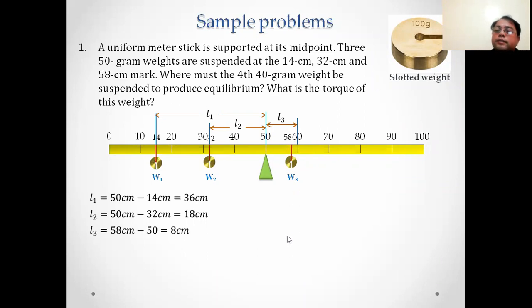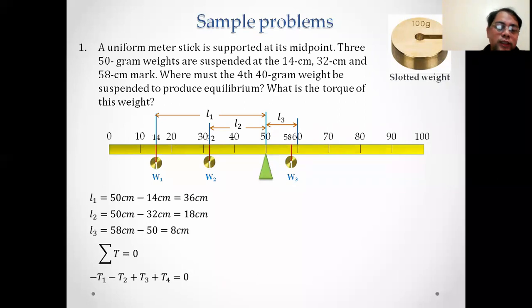So using these moment arms or lever arms, we will find the torques that are created. T1 and T2, the torques due to weight 1 and weight 2, are both counterclockwise, so they are negative.